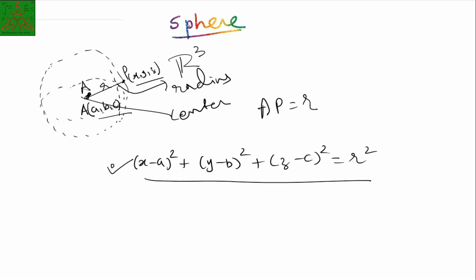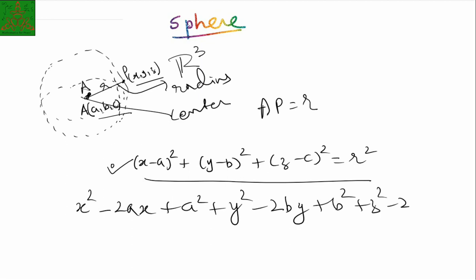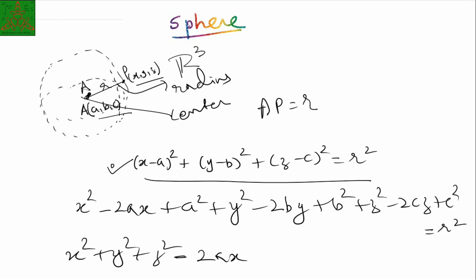If you expand this equation, x square minus 2ax plus a square plus y square minus 2by plus b square plus z square minus 2cz plus c square is equal to r square. If I rearrange this, I can write it in this form: x square plus y square plus z square minus 2ax minus 2by minus 2cz plus a square plus b square plus c square minus r square, where this last quantity is a constant.